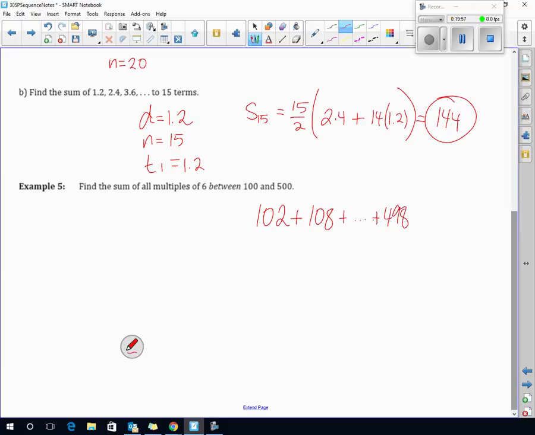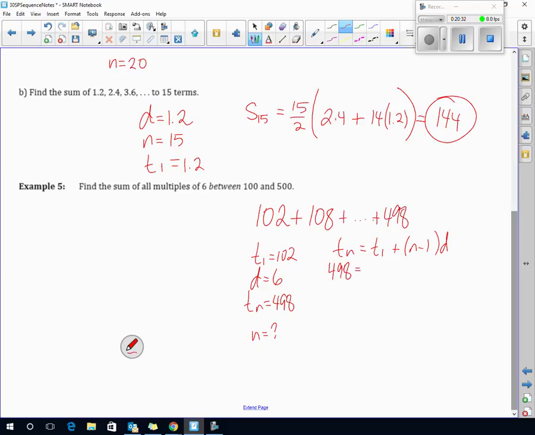The first term is 102. The common difference is 6. Tn is 498, but we don't know what n is. So we're going to use the formula Tn equals T1 plus n minus 1 times d. Tn is 498, term 1 is 102, n we don't know so we leave it as n minus 1, but d we know is 6.